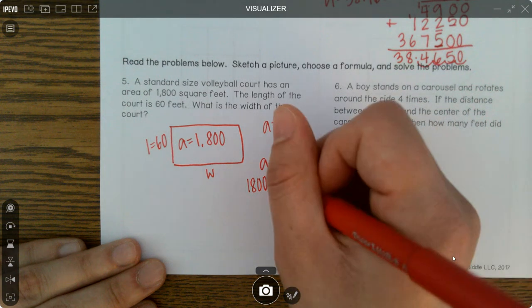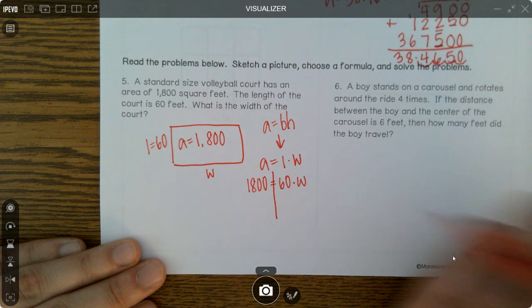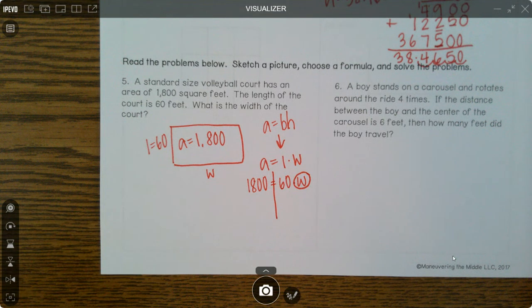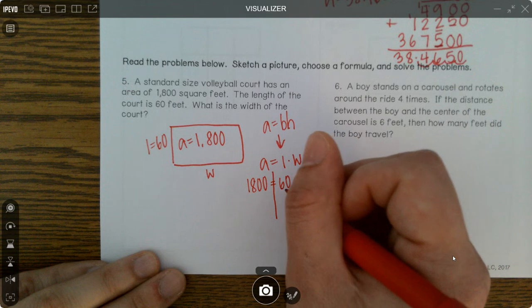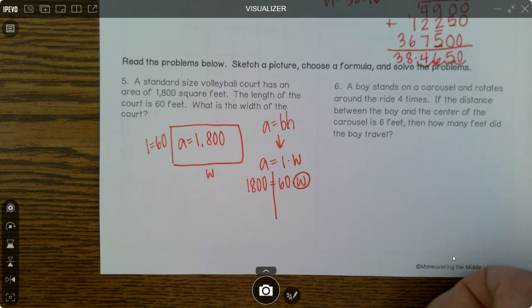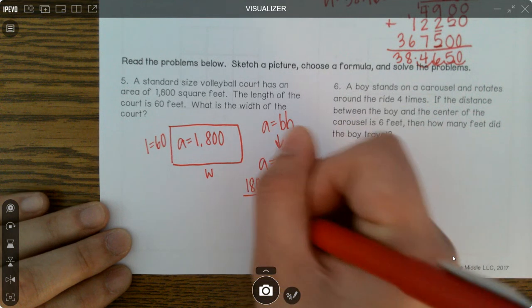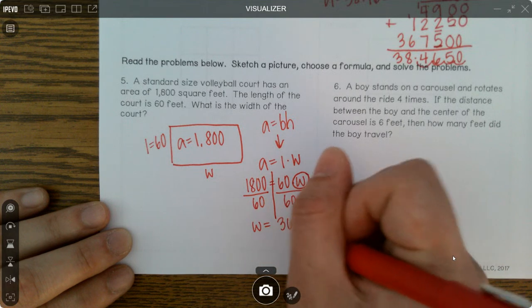So right now, kind of goes back to our solving for a variable. So solve this problem out to see what the width would be. So I know if 60 times W is multiplying, the inverse of that would be to divide. So I'm going to end with a width of 30.